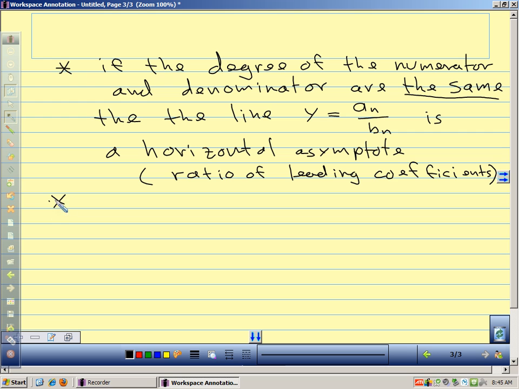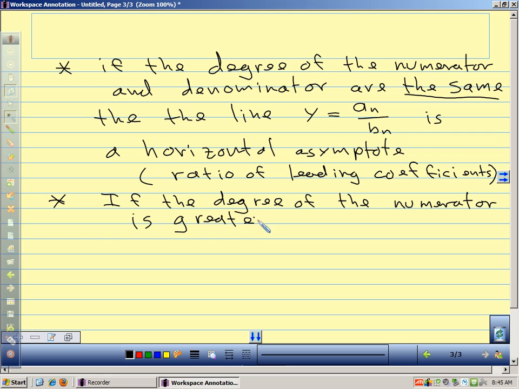And then one last rule: if the degree of the numerator is greater, we have no horizontal asymptotes.